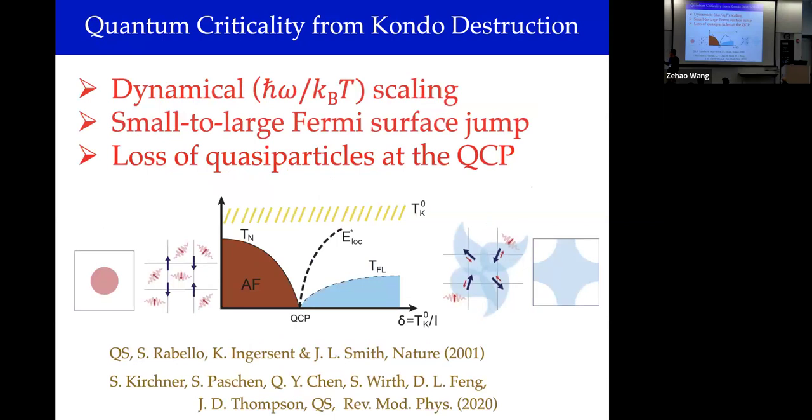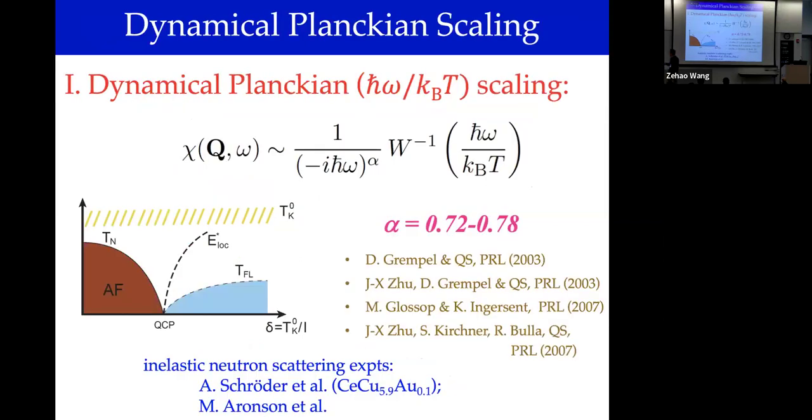The first of this is this omega over T scaling in the dynamics, and with unusual exponents. At the beginning, Jianxin Zhu and some of us did quite extensive calculations, and the reason was that we really wanted to know not only this omega over T scaling in the dynamics, in this case dynamical spin susceptibility, but also whether this exponent is fractional, because those were the two pieces of the puzzle that were hinted by the initial experiment of Gabe Aeppli, Meigan Aronson, and others.